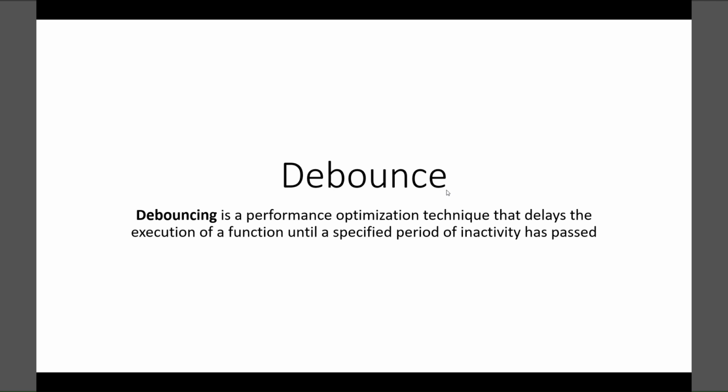So what do we mean by that? Here we can see on the screen there's a blue bar and a red rectangle. We can take this blue bar as a timeline and the red rectangle as a function that we want to execute. Now there's a black line over here.